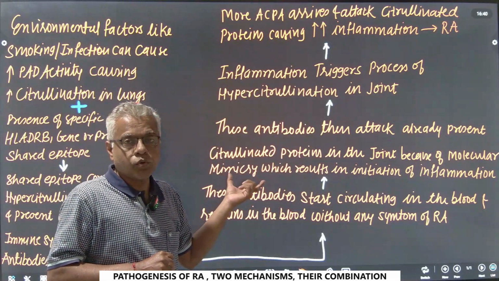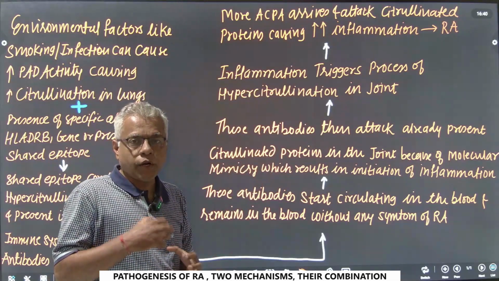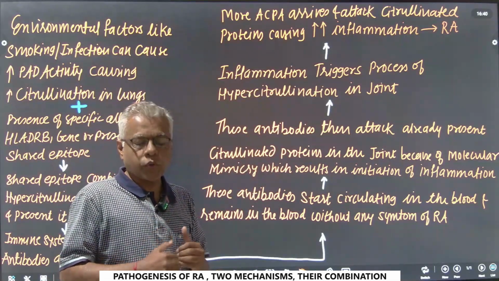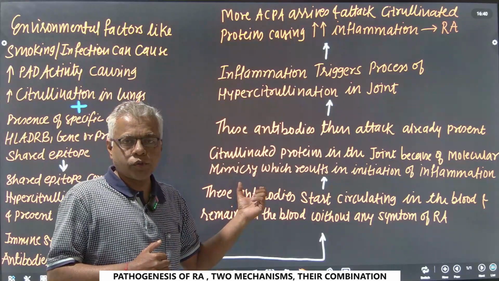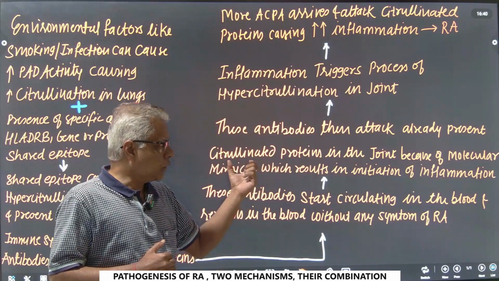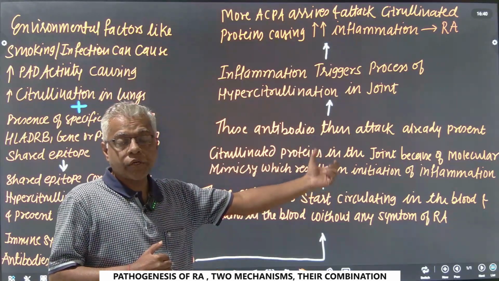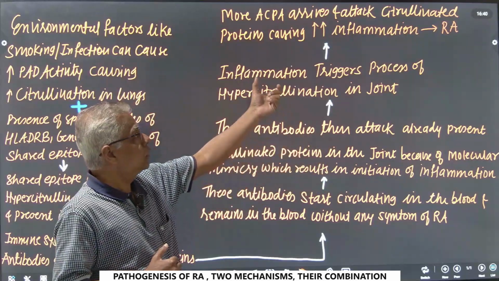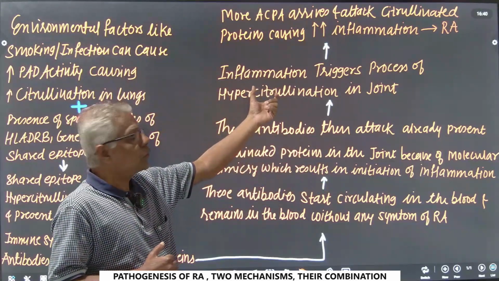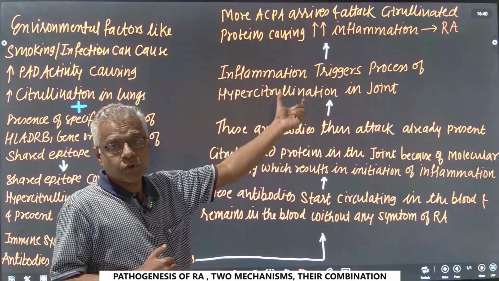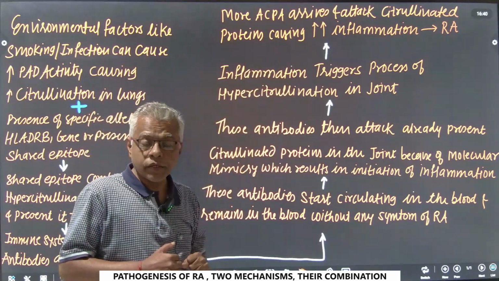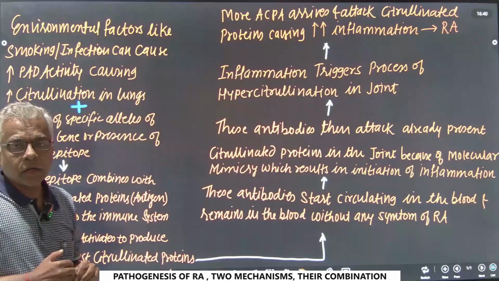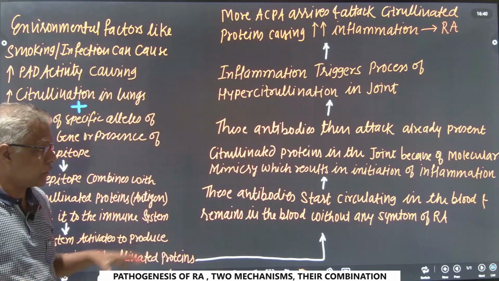Because of the molecular mimicry, these antibodies which are circulating in the plasma are attacking these physiologically formed citrullinated proteins. It is causing the inflammation of the joint, and this inflammation is causing the initiation of the hypercitrullation in the joint, and from this hypercitrullation ultimately we are getting inflammation of the joint and we are getting the disease rheumatoid arthritis.